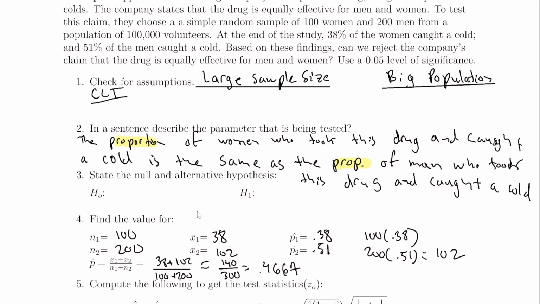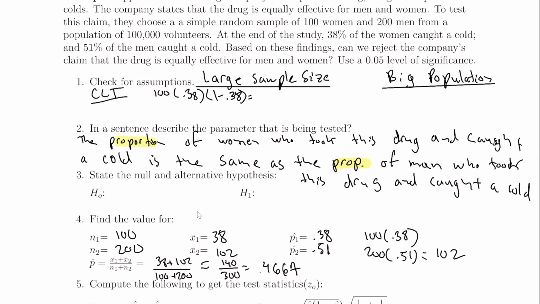For large sample size, we have to look at each individual population. Was the sample size that each population had a significant amount? So we're going to say n, which is 100. I'm doing population 1 right now. Then I'm going to multiply that by 0.38, and then multiply that by 1 minus 0.38.